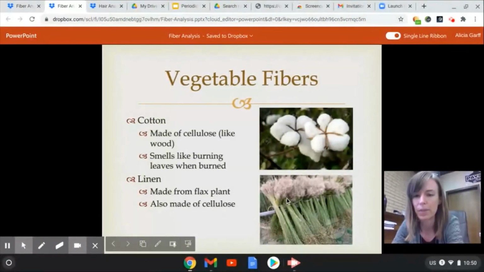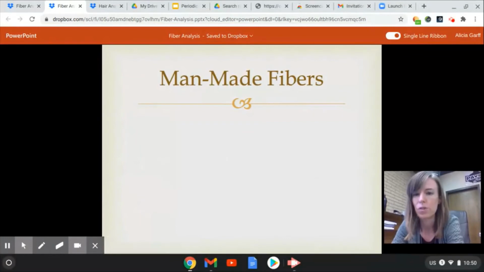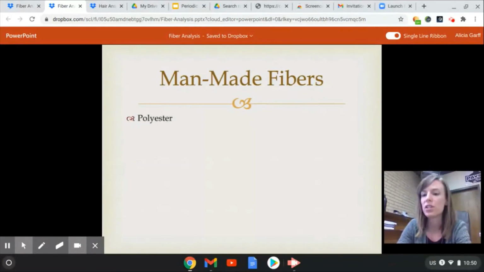It's really interesting. Okay. So man-made or synthetic fibers. There's several of these. One of them is polyester. Polyester is actually kind of a broad category of different types of fabric. There's different types of polyesters, I guess. That is the type of polymer it's made of, a polyester.